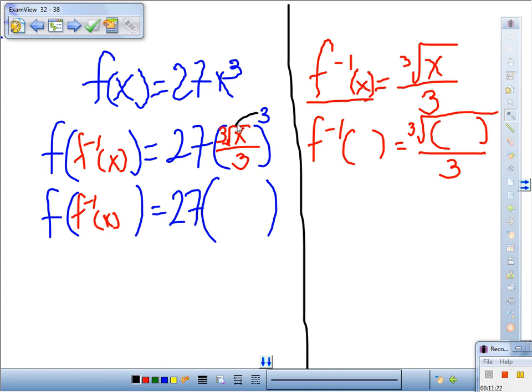I'm going to distribute this in here and to the denominator also. If I multiply this power to the cube root, what happens to the cube root? It cancels this, so I'm left with x in the numerator. Does everybody see that? If I distribute the cube to the denominator, what is 3 cubed? 3 to the third power is 27.